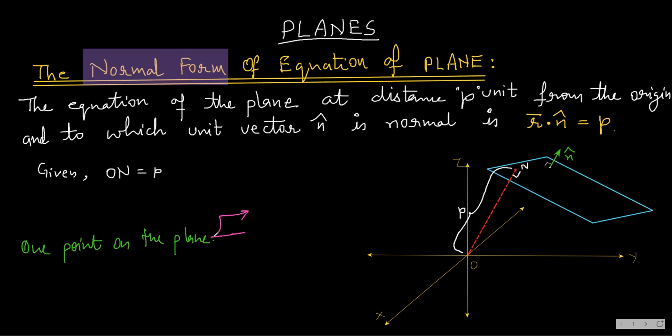What does that mean? It means either I should have the coordinates of a point on the plane, or I should have a position vector.